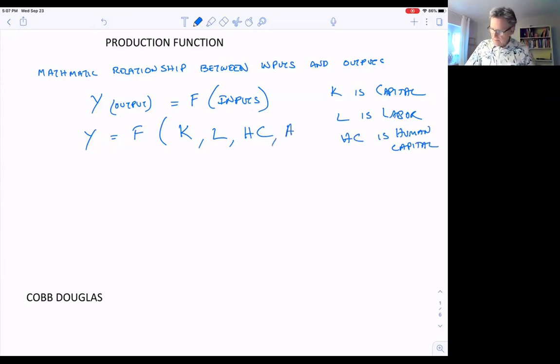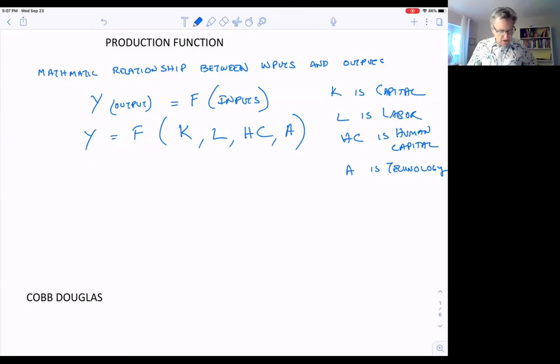And A, which is really everything else, but includes technology. We say A is technology. We don't use T because T is already taken up for taxes. That's the biggest category inside A, this technology, but it really includes everything else other than capital, labor, and human capital.